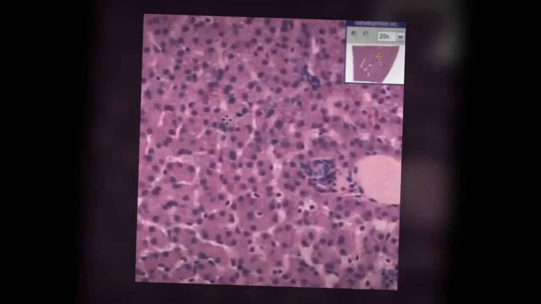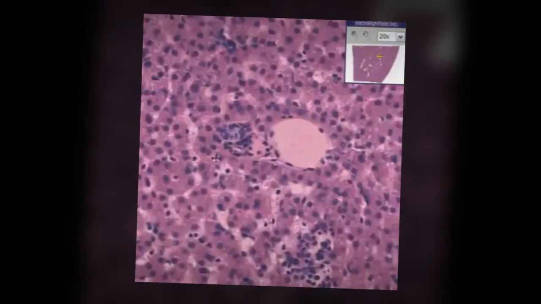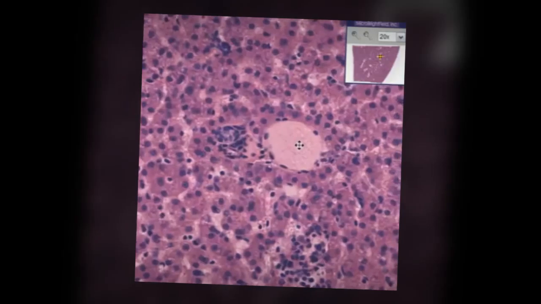So let's cruise on through the liver, and voila, we see a big lumen thin wall structure, which is the portal vein. We can see a bile duct, and probably this thing at the bottom is part of the hepatic artery.